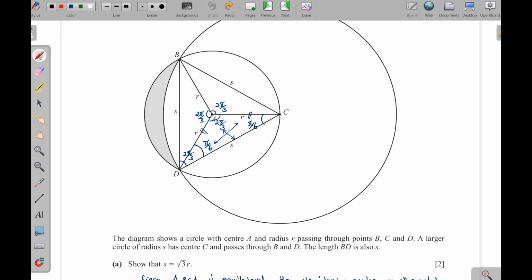So implying that we are going to have an angle here which is also pi over 6. So these two added will give us pi over 3. Okay, 30 plus the 30, we get the 60.